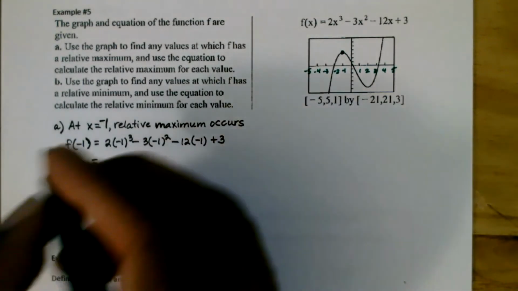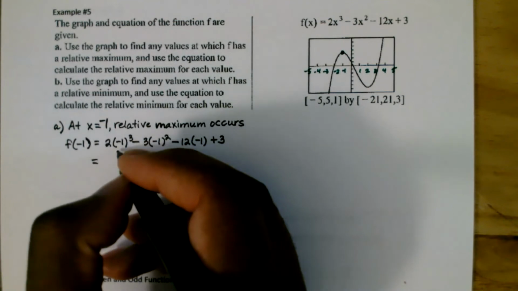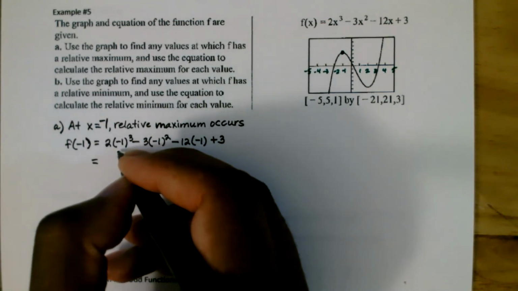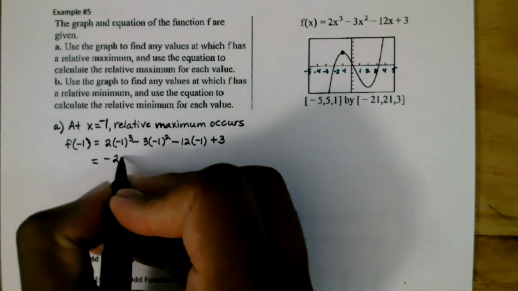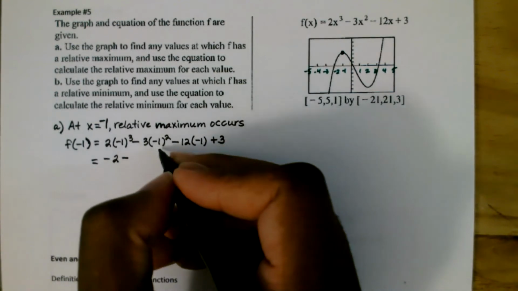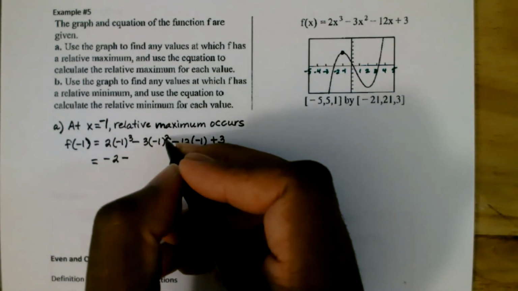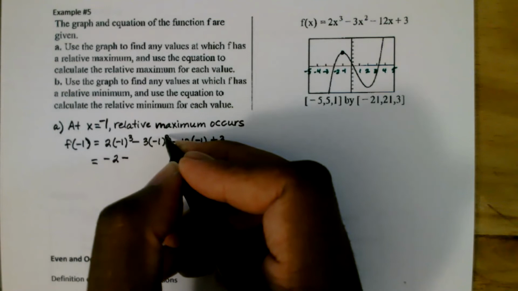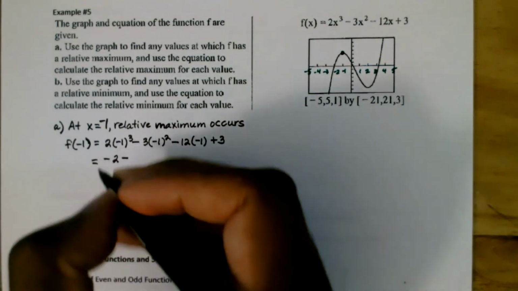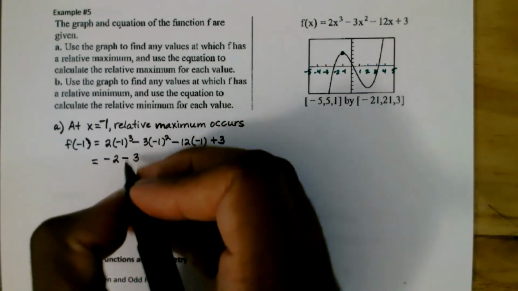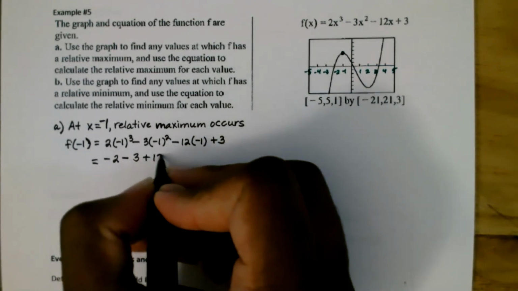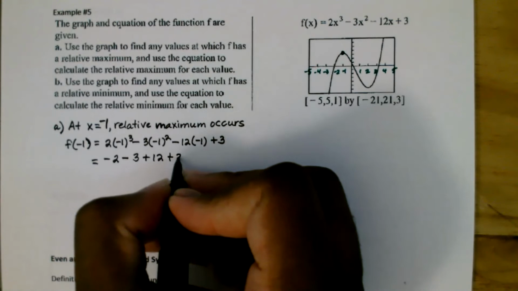So in this case, if I cube the negative, it's going to be negative. So negative 1 cubed will be negative 1 times the 2 in front would be negative 2. And then minus a negative 1 squared will be positive. So negative 1 squared will be 1 times the minus 3 will be that minus 3. And then minus 12 times negative 1 will make that a plus 12. And then plus 3.